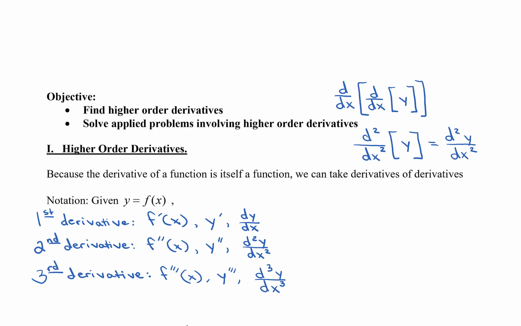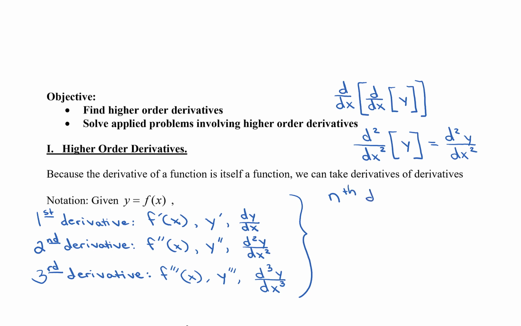I'm going to draw a big curly bracket on the right-hand side of my derivative notation that I just wrote down. On the right-hand side of the curly bracket, I'm going to write the nth derivative, and this is going to represent different ways that we can represent the nth derivative, or derivatives that are higher than the third derivative.